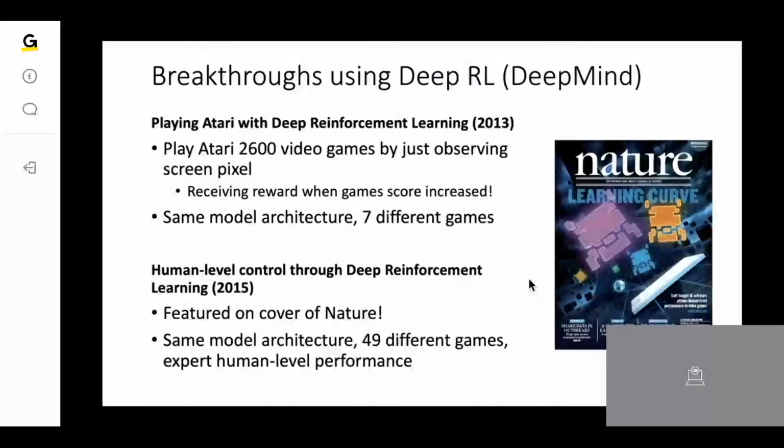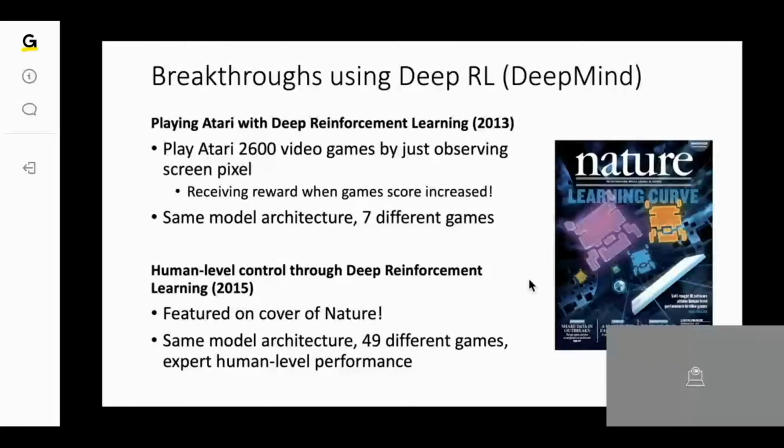Rather, now it is an RL test bed for RL researchers to test their game playing algorithms, agents. And it provides a suite of arcade games for the agent to compete and play, right? So they published this paper where, with a single model architecture, they were able to train the agent to play 7 different games.